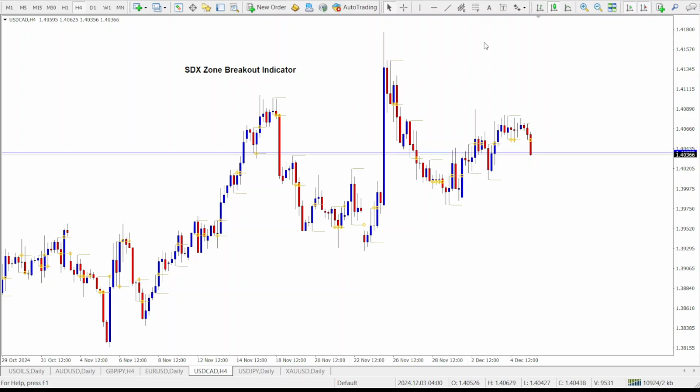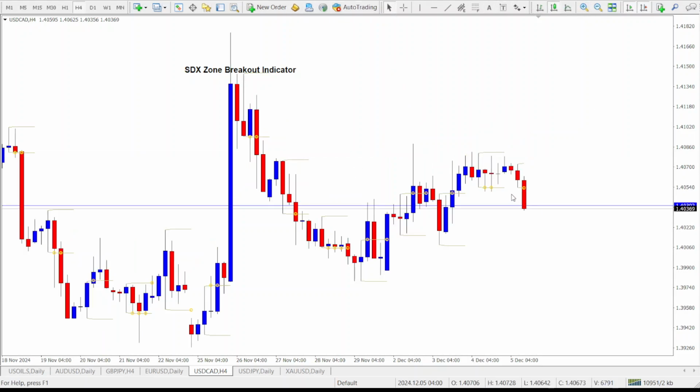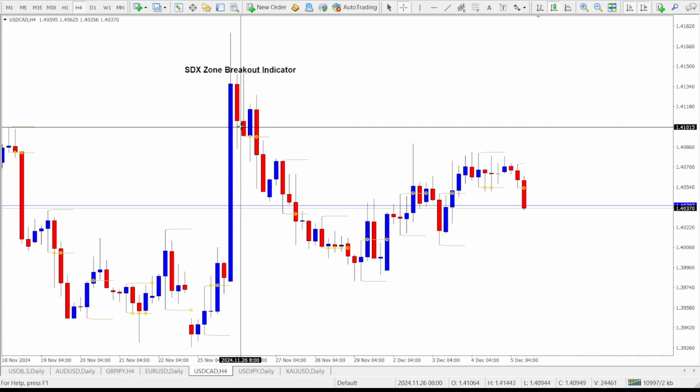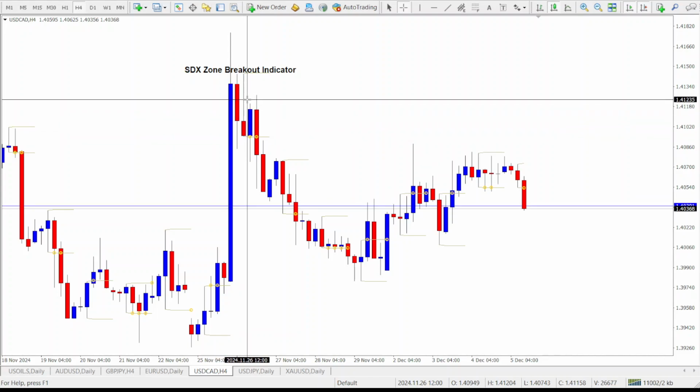But the nature of the indicator is such that even if you are trading on the 4-hour chart, your trades will likely not last for weeks. Once you've identified a breakout, you can enter a trade in the direction of the breakout, and most likely your trade might last for a day or two, right?